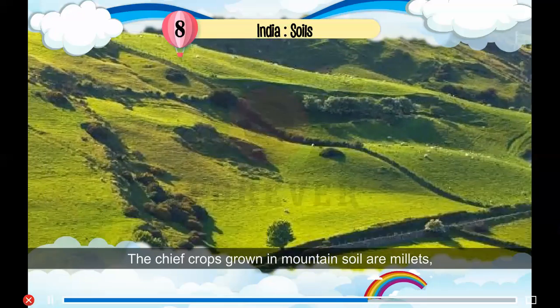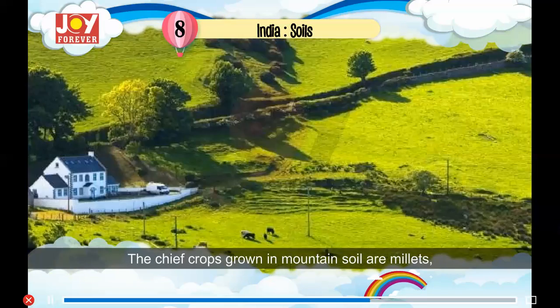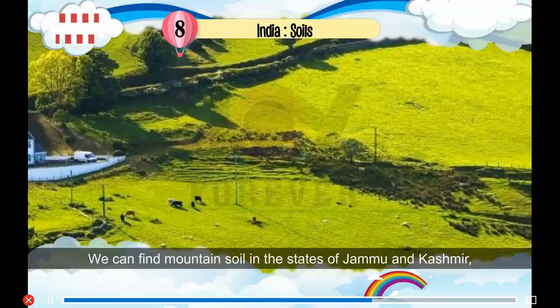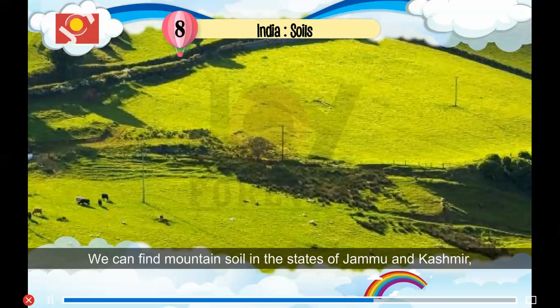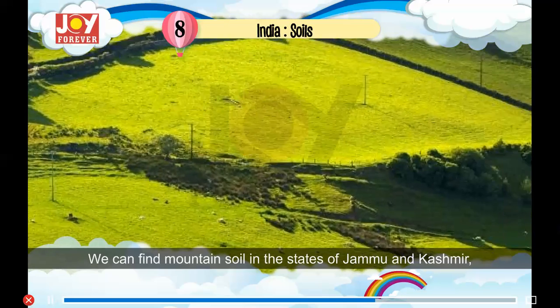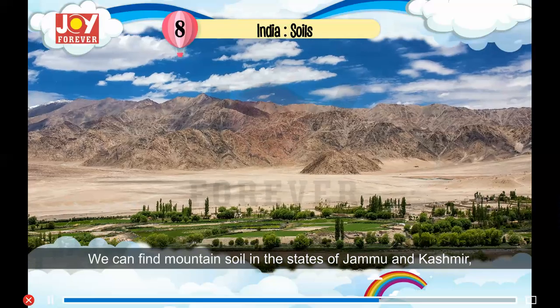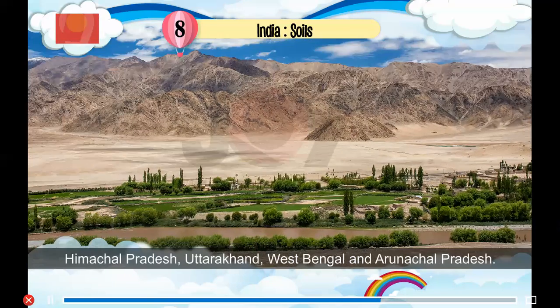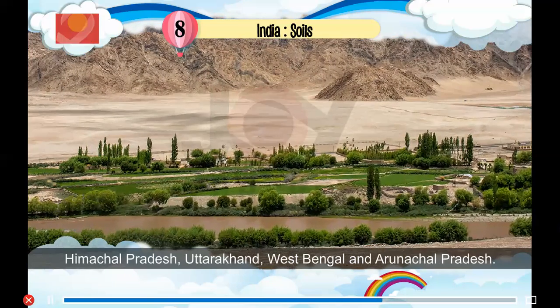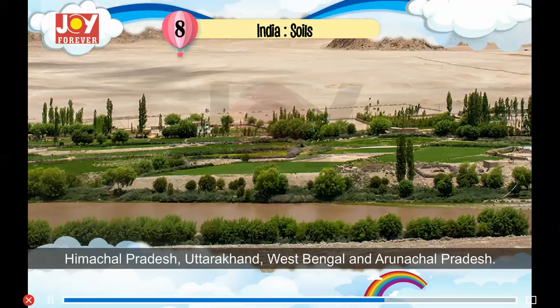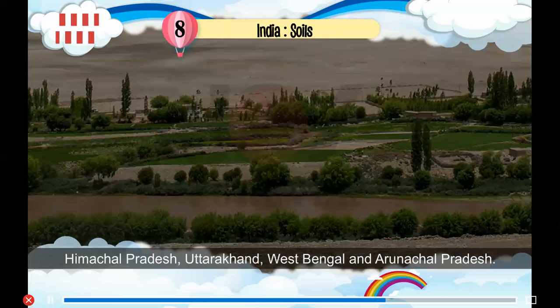The chief crops grown in mountain soils are millets, barley, maize, cotton, rice, fruits and potato. We can find mountain soil in the states of Jammu and Kashmir, Himachal Pradesh, Uttarakhand, West Bengal and Arunachal Pradesh.